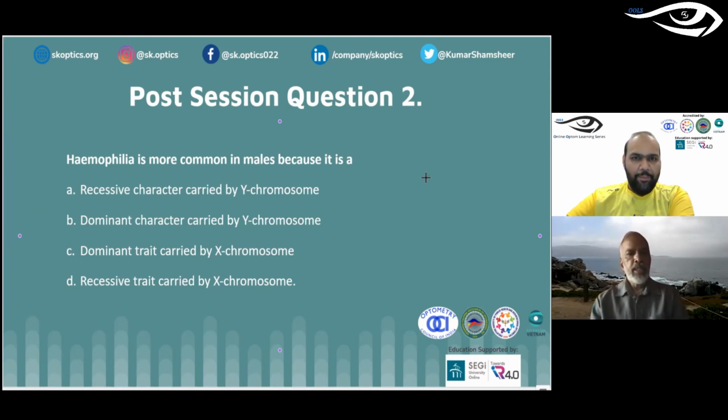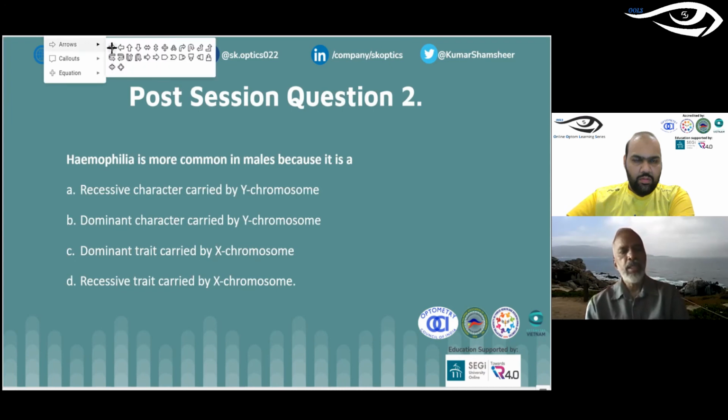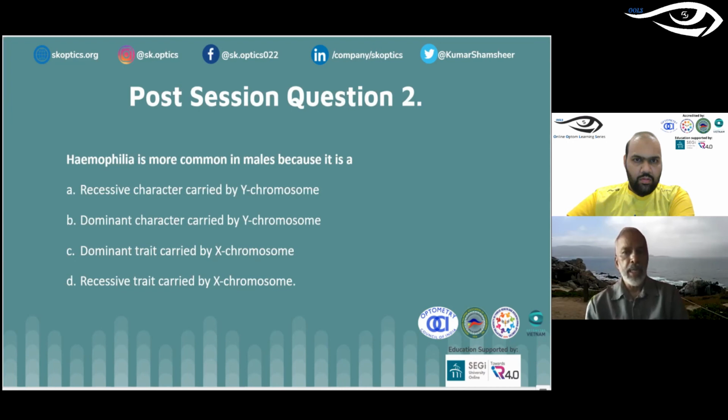Right. Let me take the second question. Hemophilia is more common in males because it is what kind of disorder? One option is a recessive character carried by the Y chromosome. The Y chromosome really doesn't carry any defective gene, except for infertility. The Y chromosome actually carries a gene for making a bipotential fetus, intrauterine, into a male.